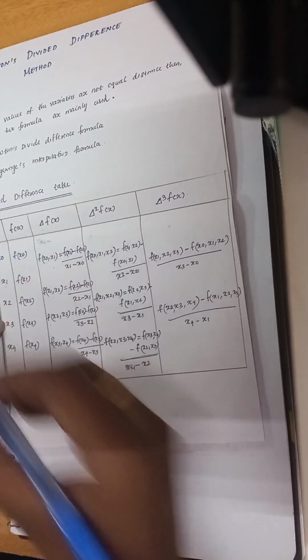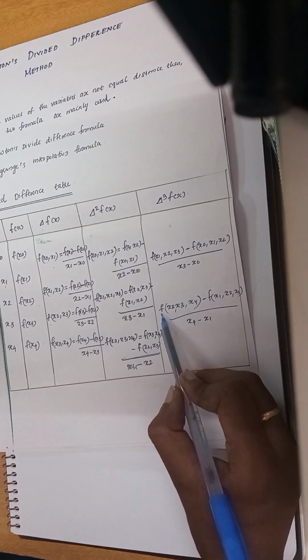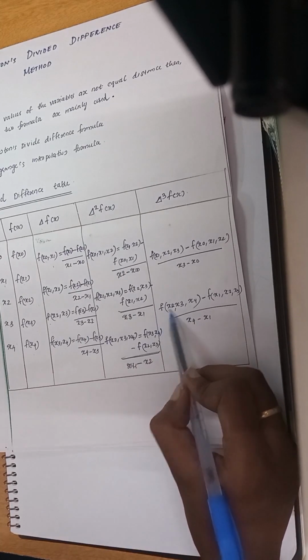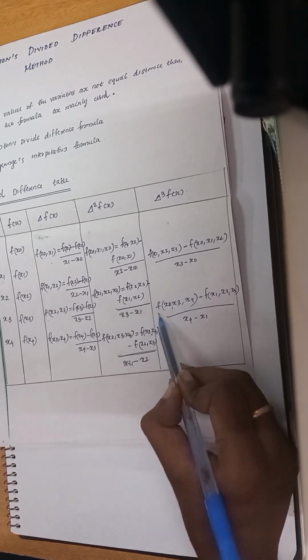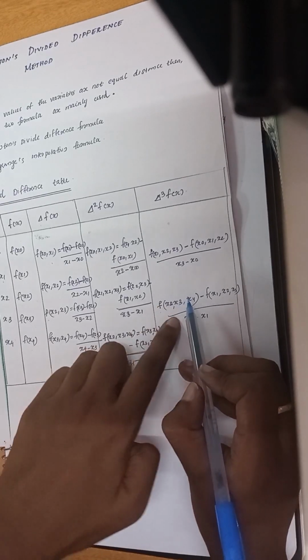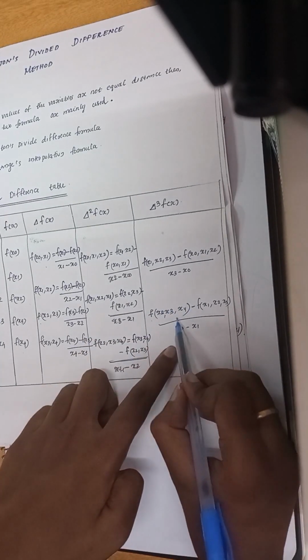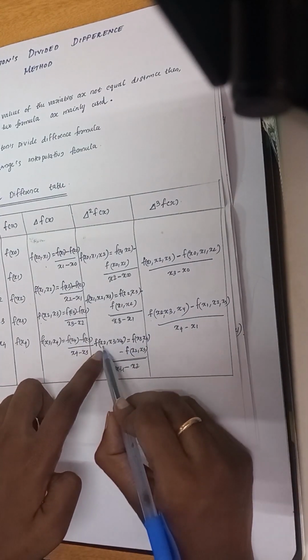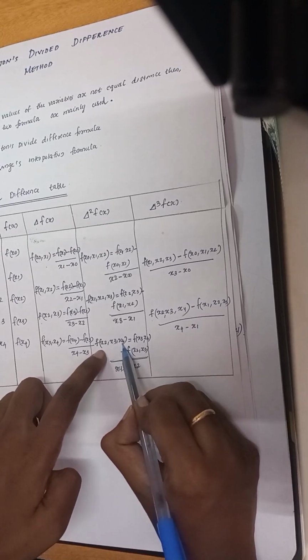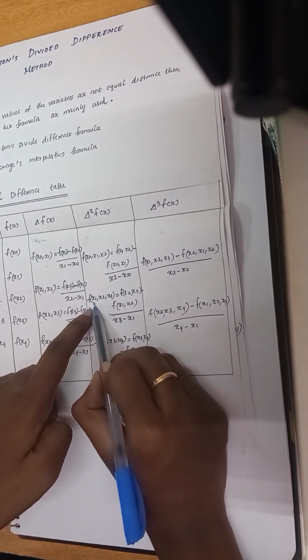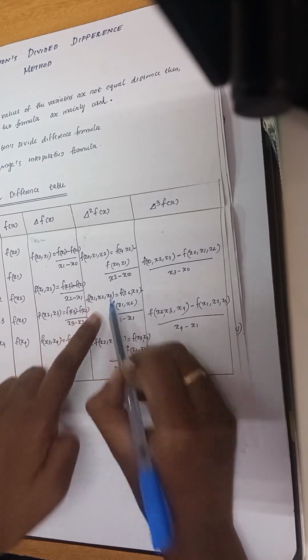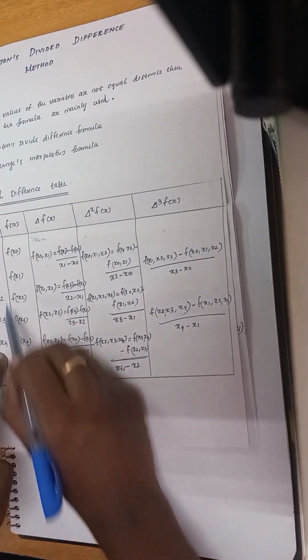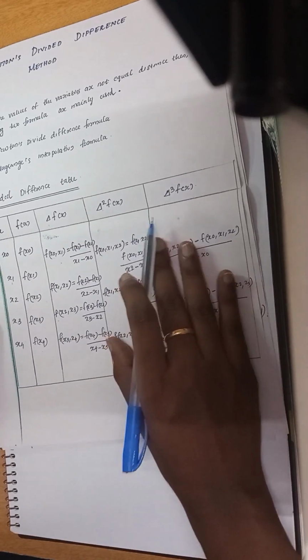Then f of x1 comma x2 comma x3 comma x4 is equal to f of x2 comma x3 comma x4 minus f of x1 comma x2 comma x3 divided by x4 minus x1. This is the divided difference table.